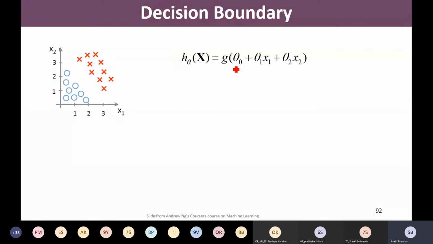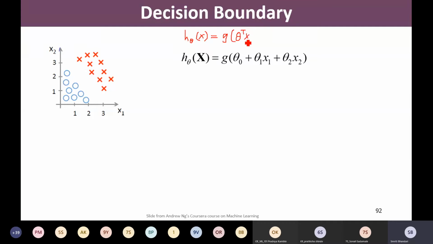In general, how we define our hypothesis in logistic regression is h theta x equal to g of theta transpose x.